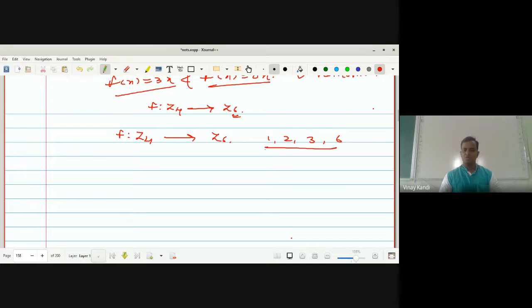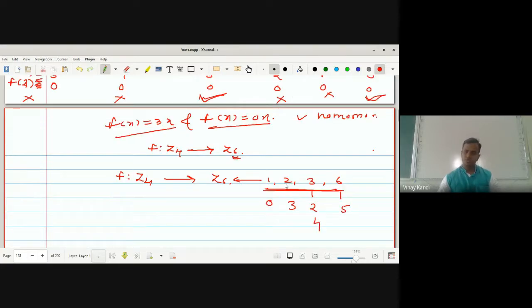Which element has order 1? 0. Which has order 2? 3. Which element has order 3? 2 and 4. The order of 2 is 3, and 6 is the order of 5.